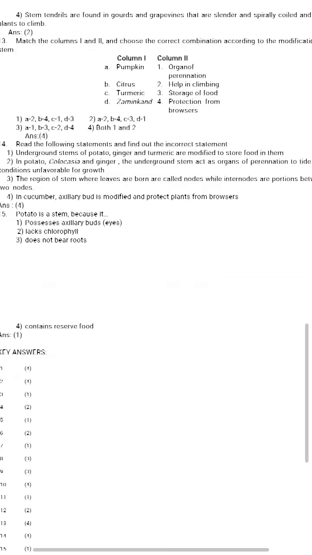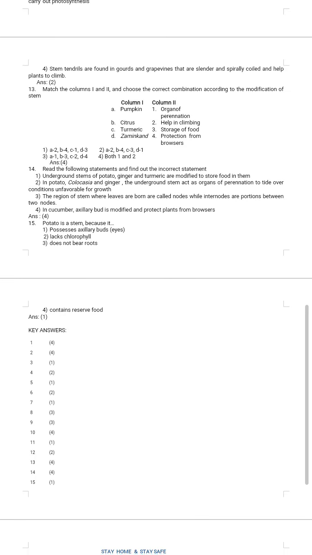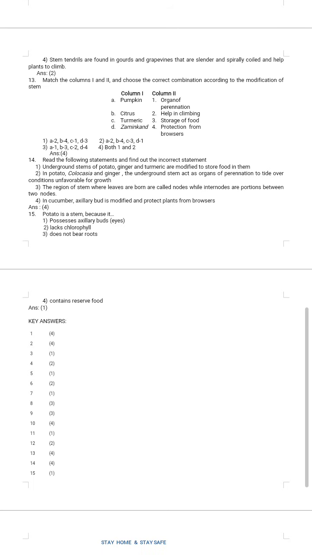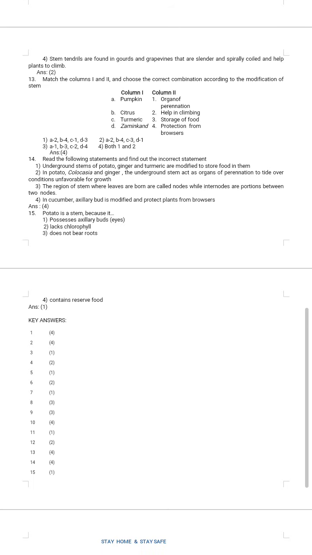Next, let us talk about 14th question. Read the following statements and find out the incorrect statement. Here students, let us see some options. There are 4. First one, underground stems of potato, ginger, turmeric are modified to store food in them. 2.